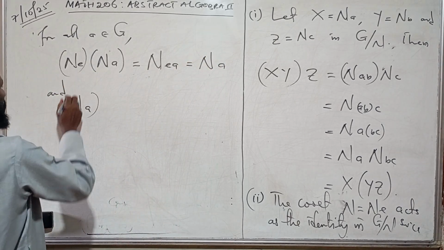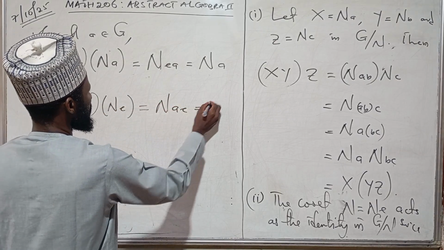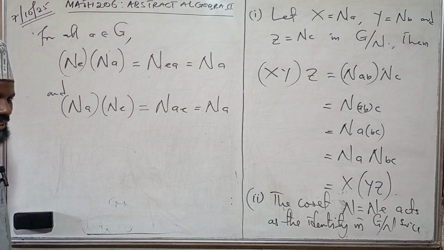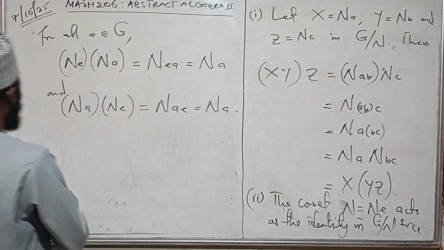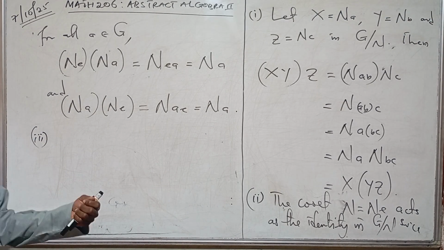And Na times Ne is also Nae, which is Na. So this is acting like identity, by the very definition of identity. Okay? The third property is to see that there are inverses.